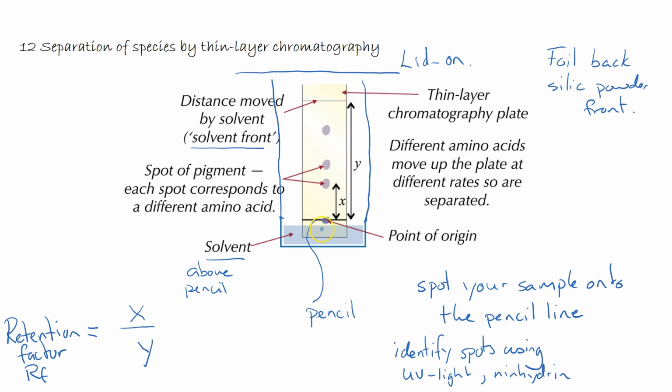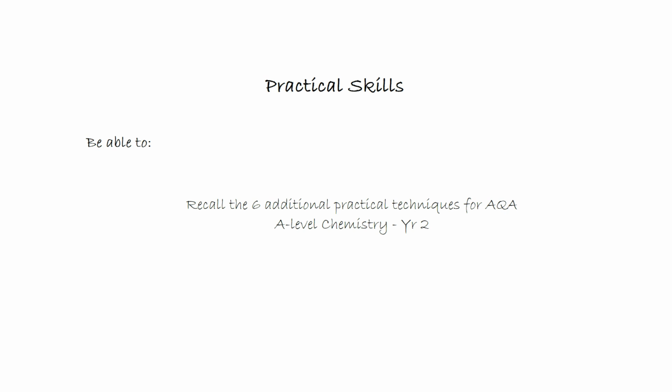Because the x value can never be greater than the value of y, it's always a value which is less than 1 and comes up as a decimal. We can compare our retention factor with data book values, and we'll find out that for given organic products and given solvents, they're unique.